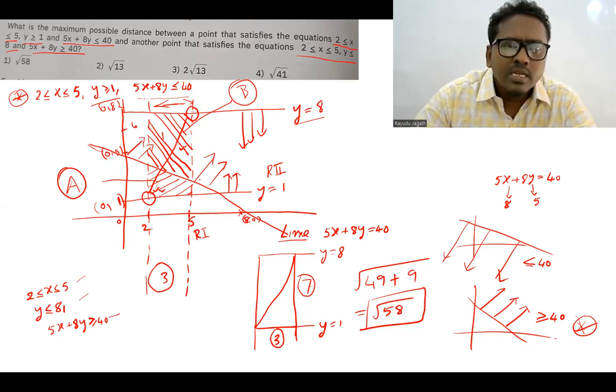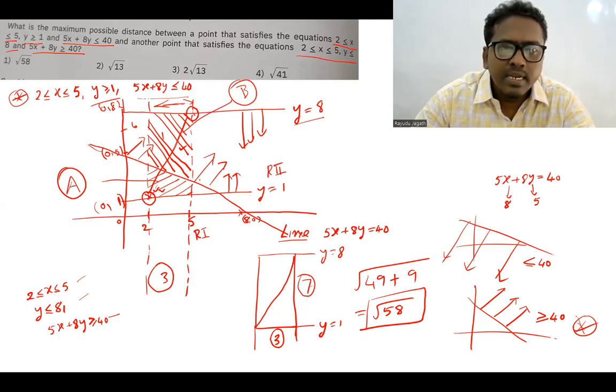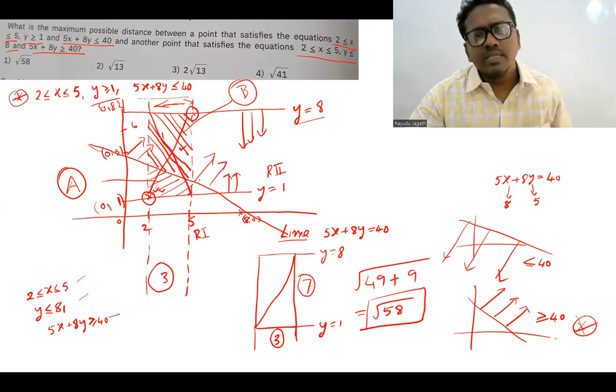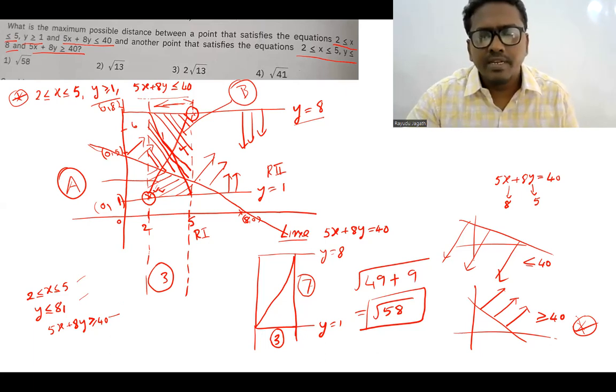All these three conditions are satisfied in region B. If you mark one point in A at the diagonally opposite corner to a point in B, the diagonal represents the maximum possible distance between any 2 points in the 2 regions. Or else we can take this diagonal also, no problem. Any diagonal, but not length or breadth, since length or breadth are less than root 58. So the answer to this question is root 58, option A.